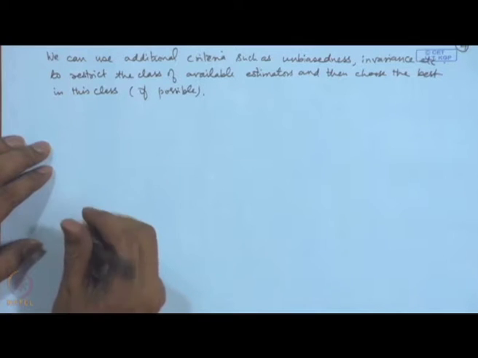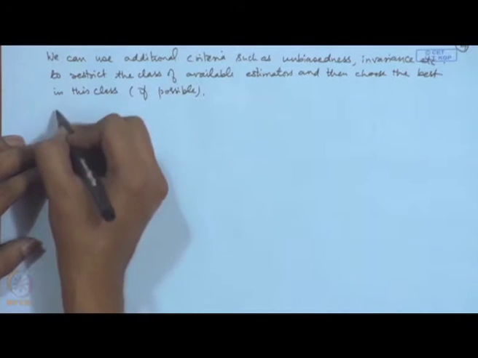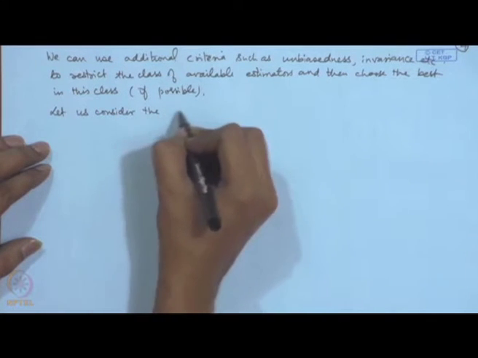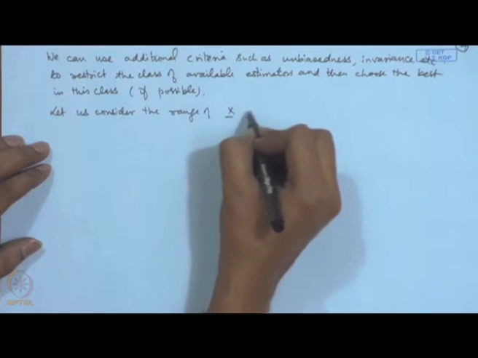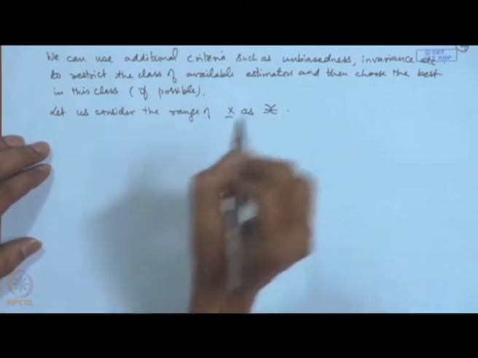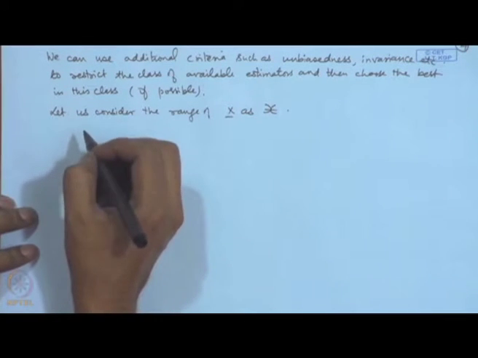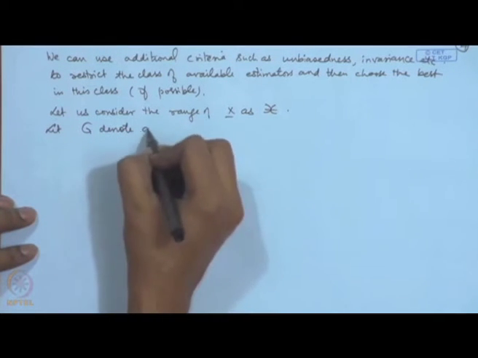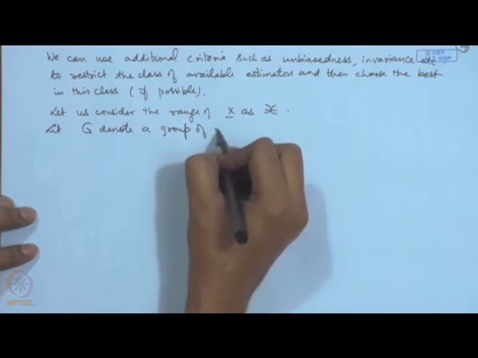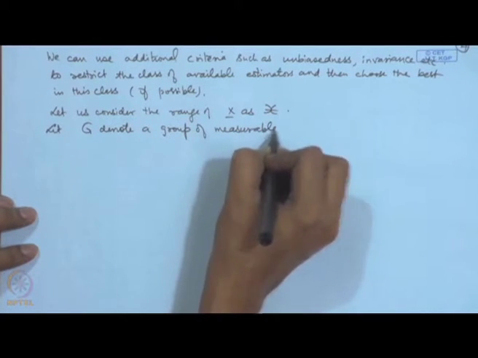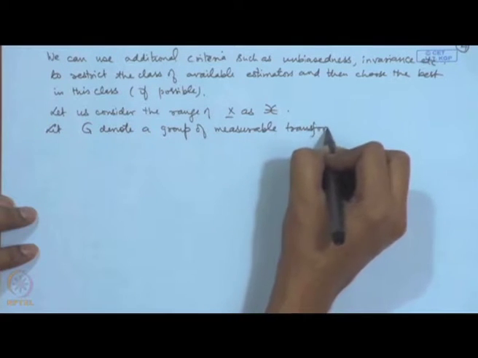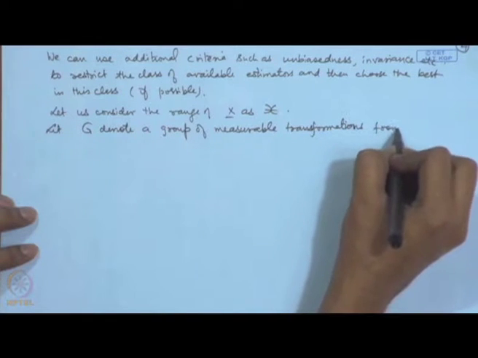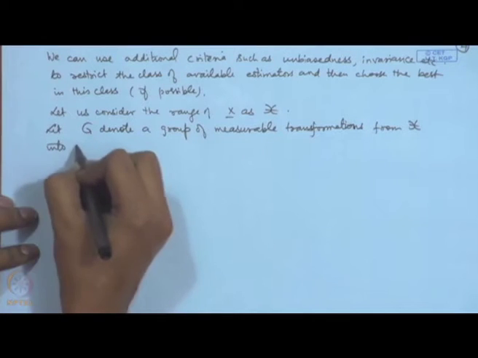So, now let me introduce the concept of invariance. Let us consider the range of X as script X. Let G denote a group of measurable transformations from X into itself.